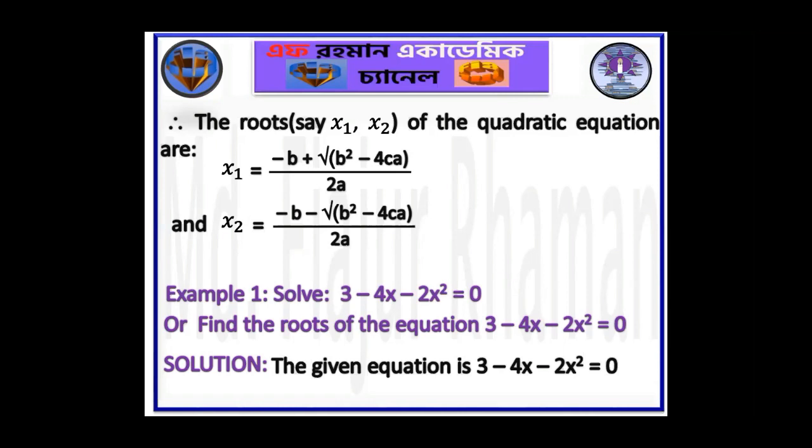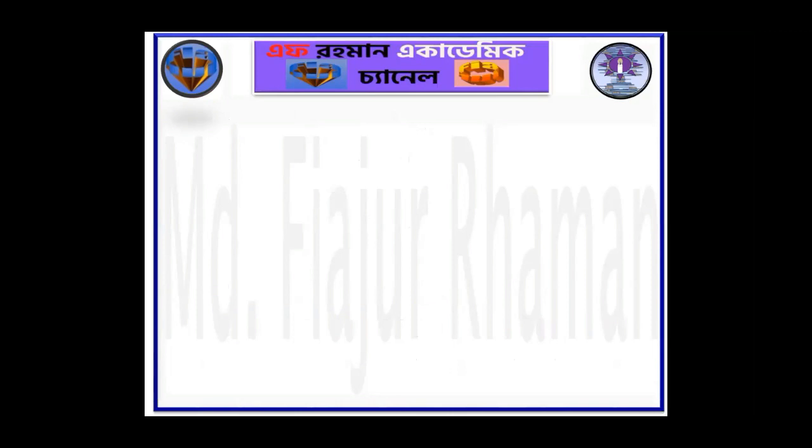That's why these equations should be expressed in their standard form. Then it will be minus 2x square minus 4x plus 3 is equal to 0.